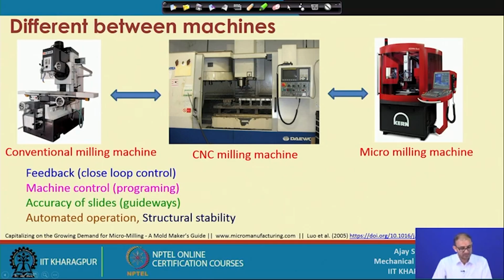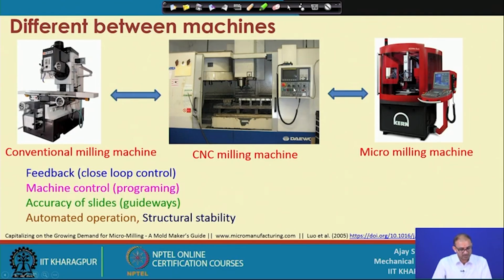So, we have one other category of machine, that is called micro milling machine. We will have one demonstration class on this machine, which we have in our lab. So, we can understand the different components and how this micro machining machine is different from the conventional CNC machine or the normal machine which is also available in the lab.